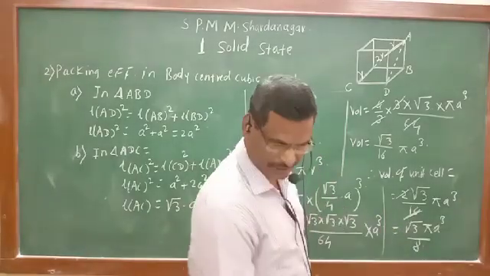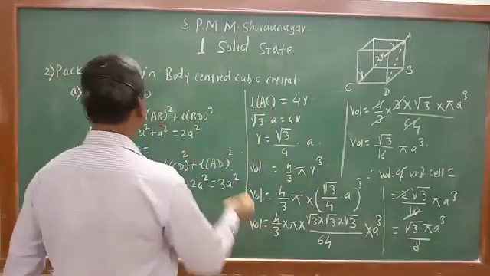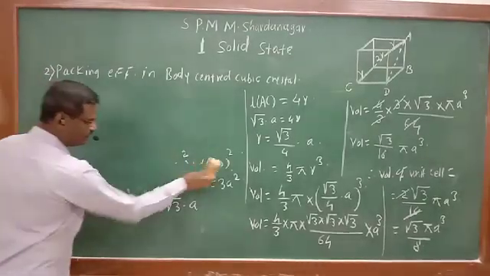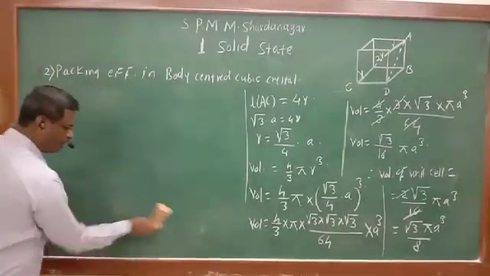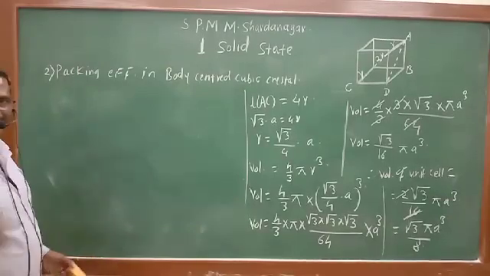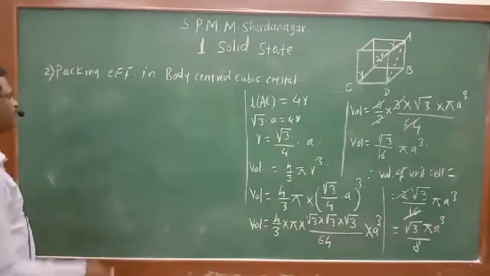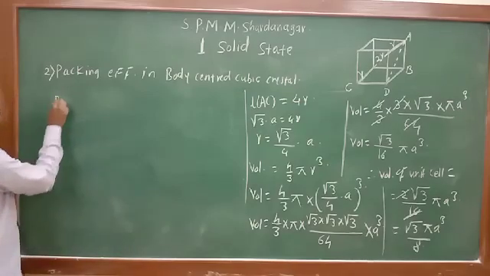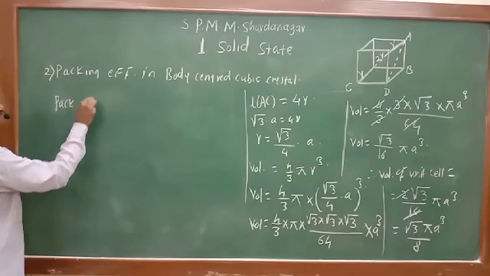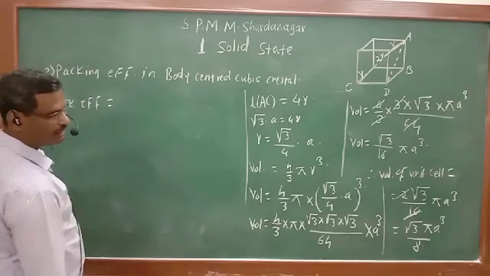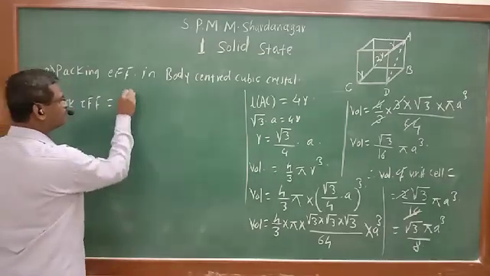finally we can calculate the packing efficiency, because packing efficiency is volume occupied divided by total volume multiplied by 100. Therefore packing efficiency finally is equal to volume occupied. What is the volume occupied?